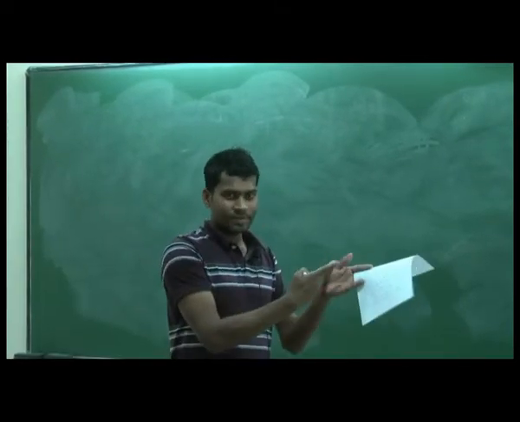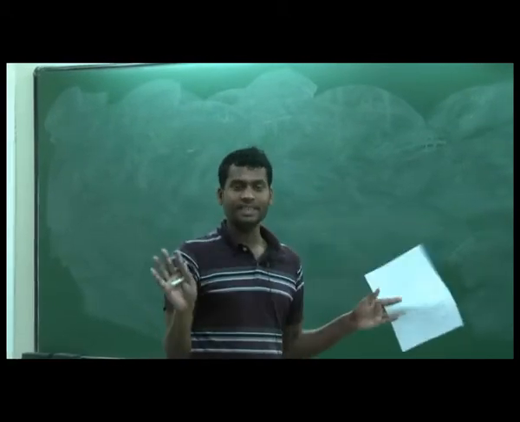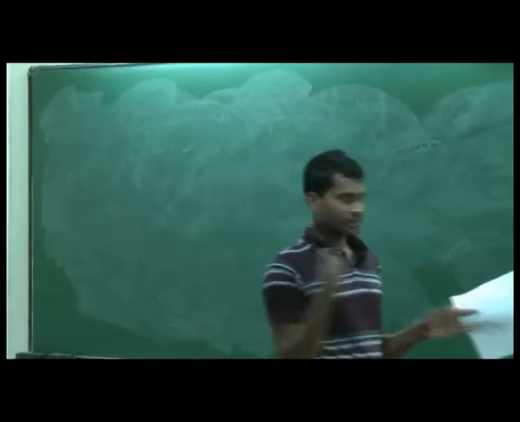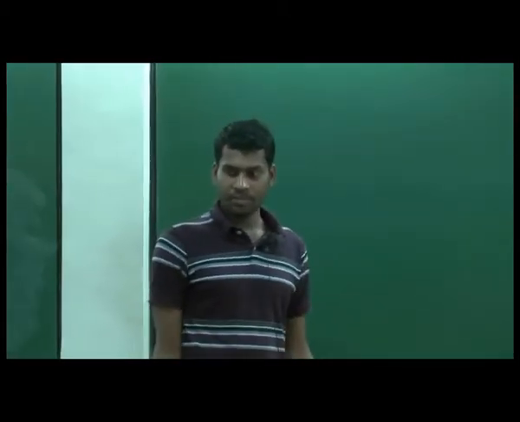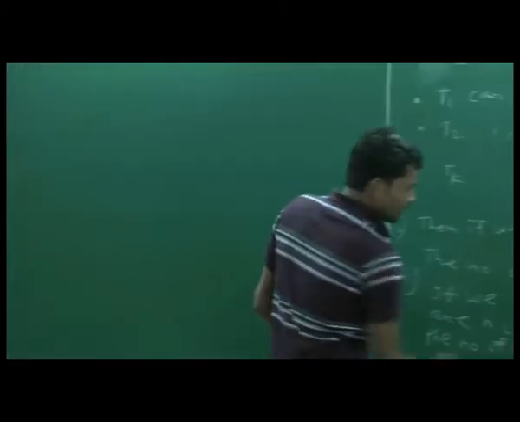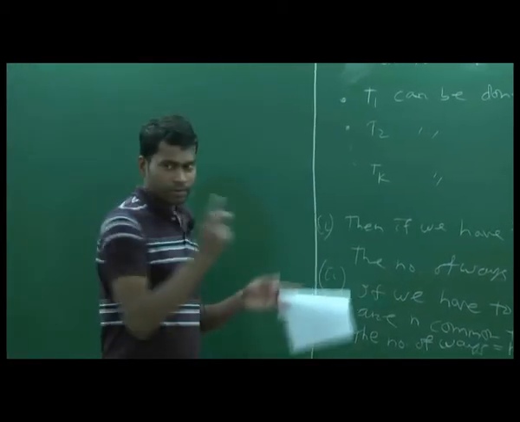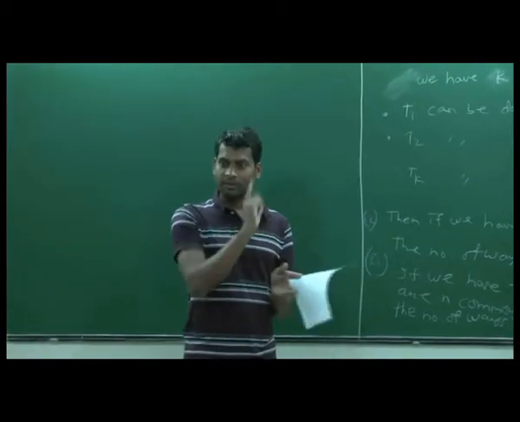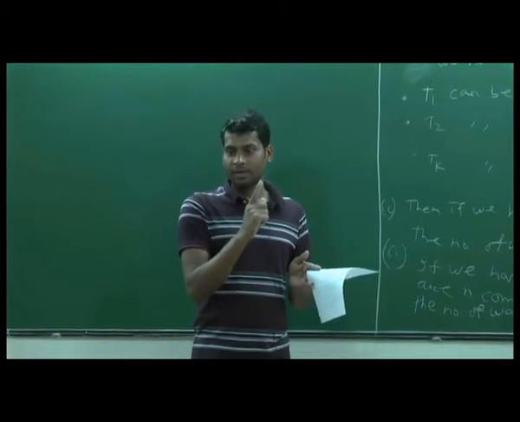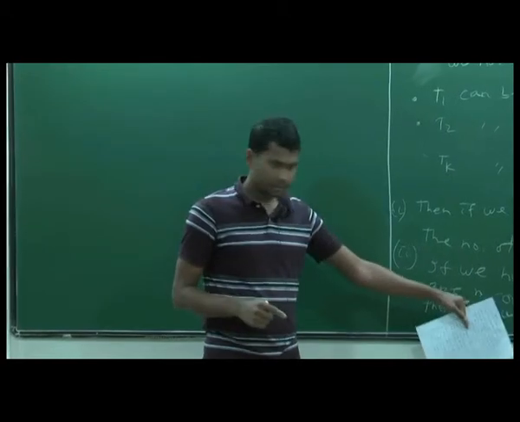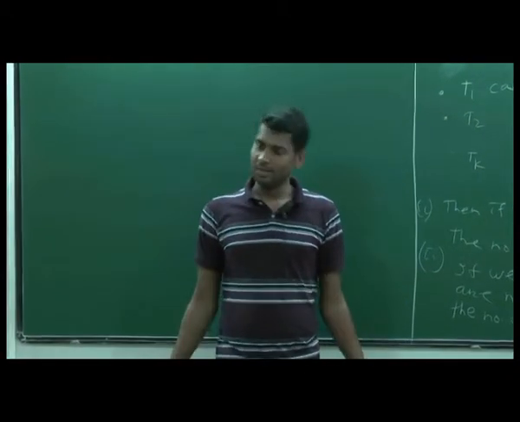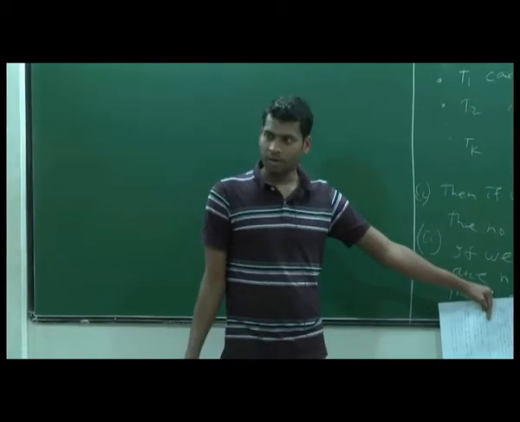No, sir. This n means, suppose 2 tasks have 2 common things, you count them once. If 3 tasks have one common thing, you count them once. So we just put all the common ones in n, right?